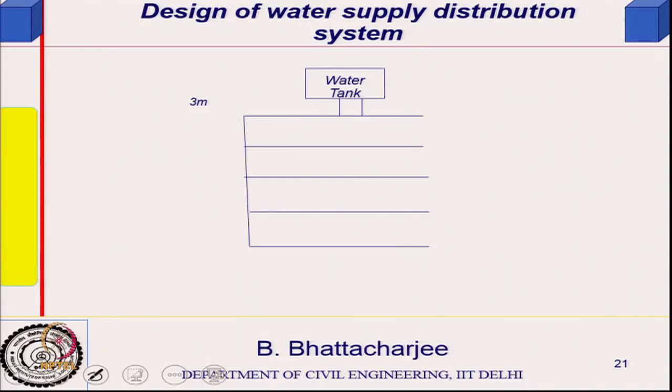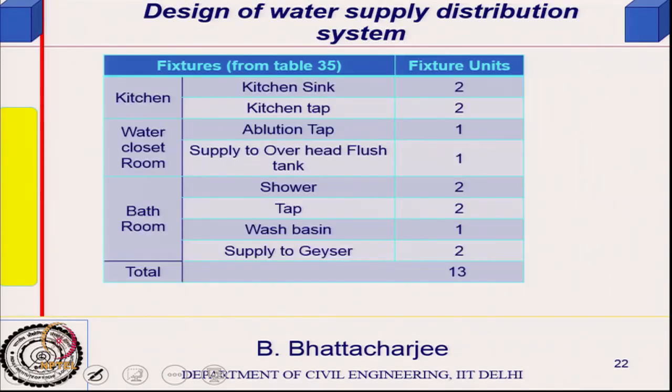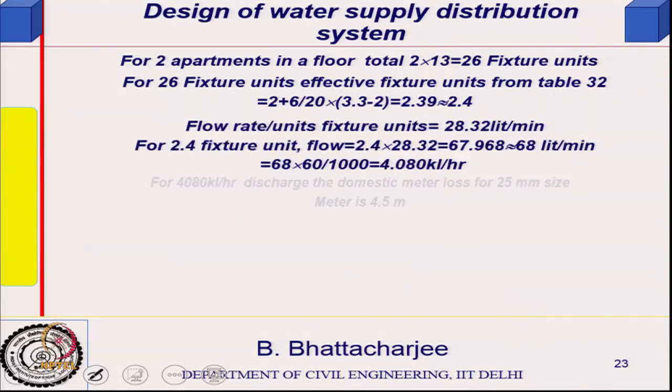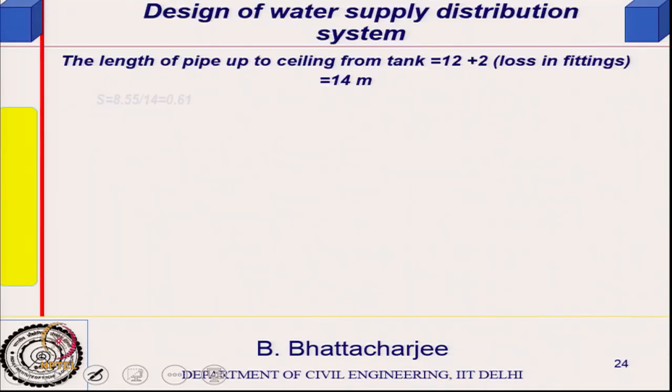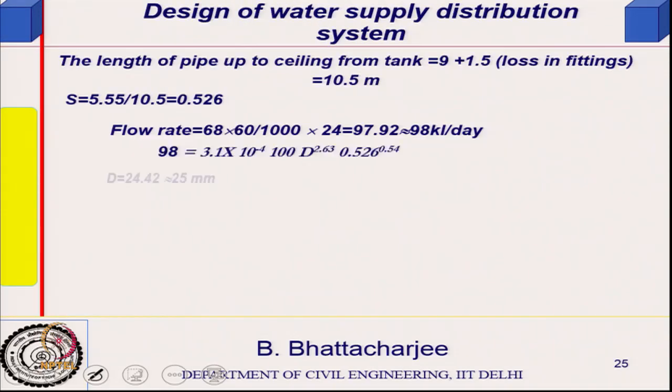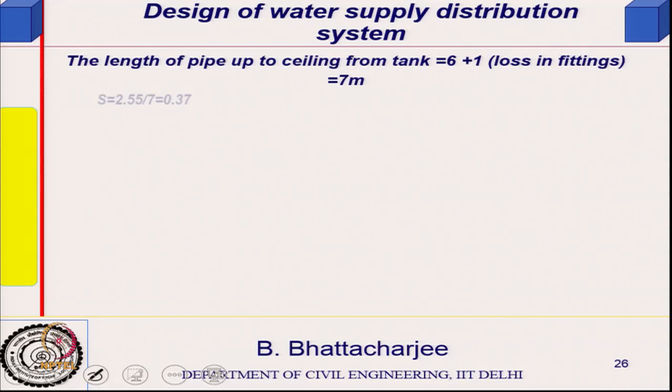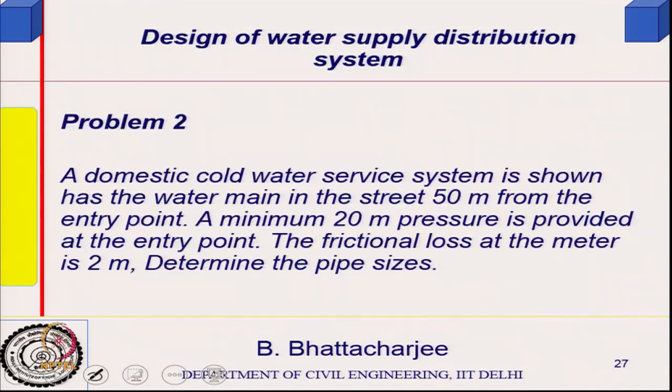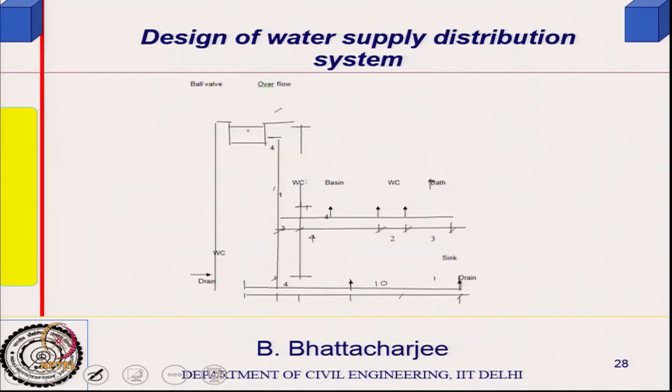The water tank, every detail of it, is known, and you draw the pipe work layout. This is an example case. I just want to highlight the pipe layout. You draw the pipe layout basically.